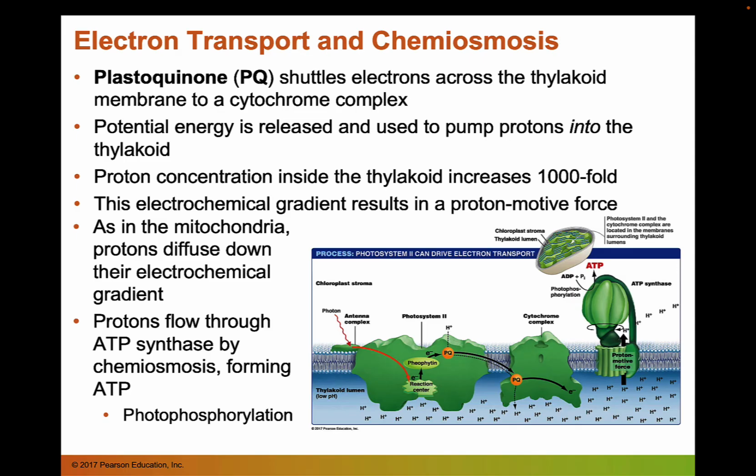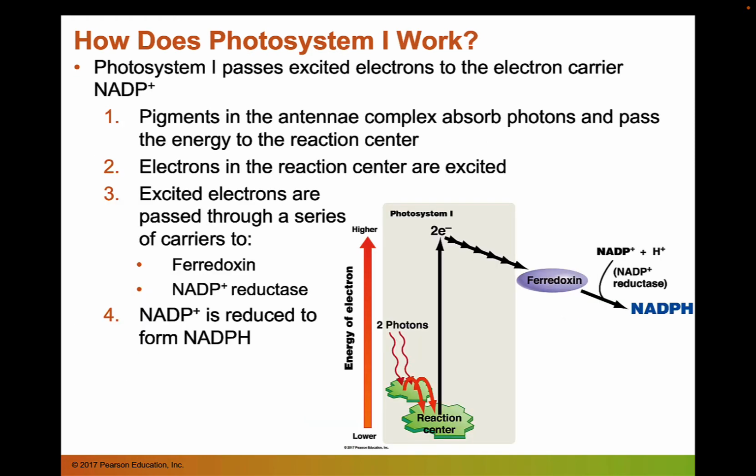So we had one extra energy conversion in this system. So that's pretty cool, right? So we've generated ATP in photosystem 2, and we're going to use that ATP to make sugar.